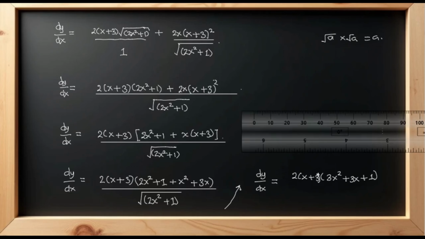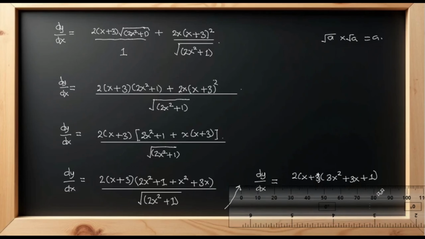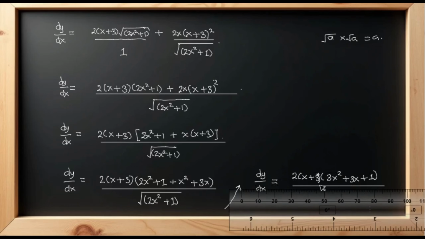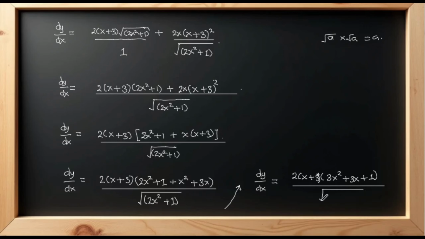We also divide it by the denominator, which happens to be still the same quantity down here. So inside this we have 2x squared plus 1, and this is the result of differentiating our first part here.